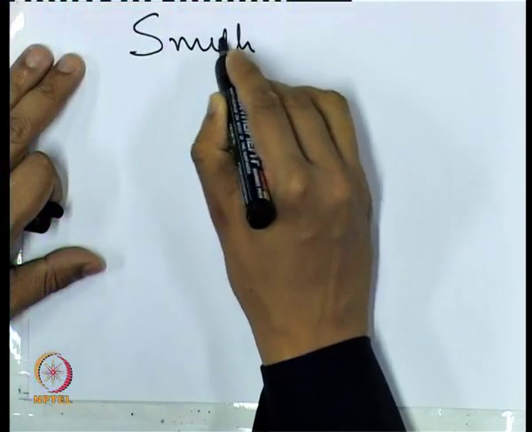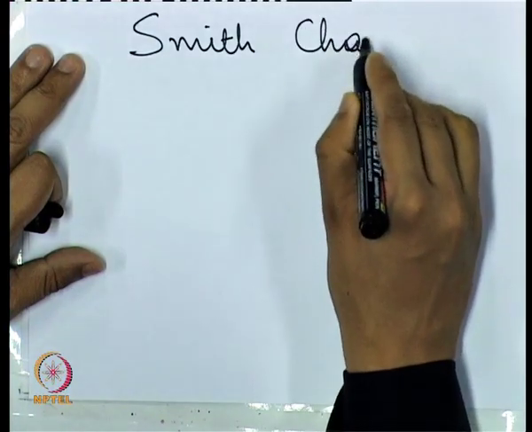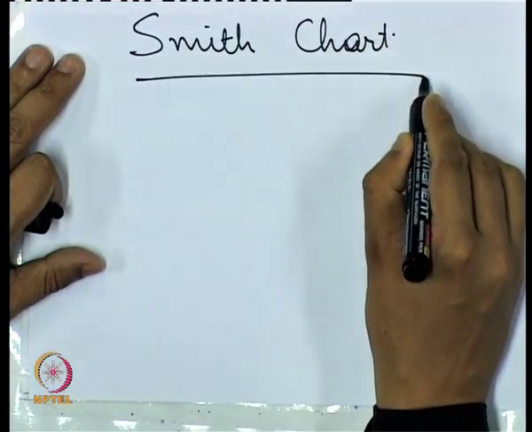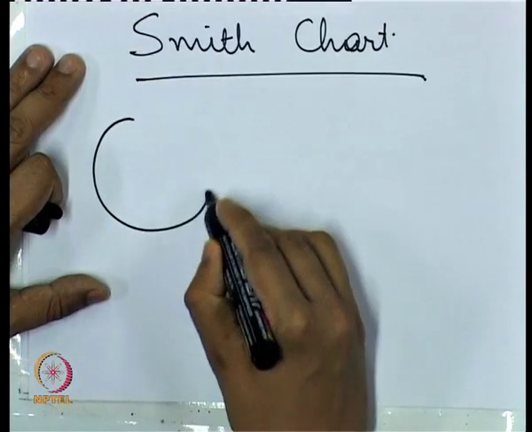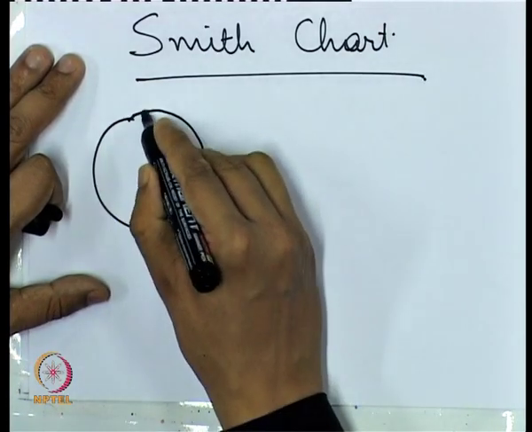Let us consider first, we have already studied our Smith chart in the previous lectures. Just to review it once again, we have two types of Smith chart.